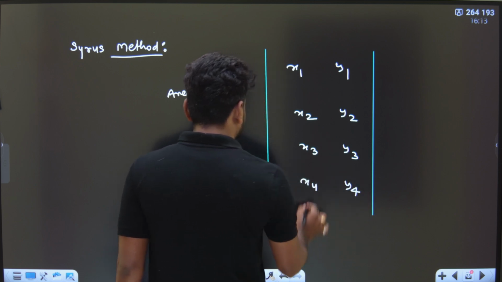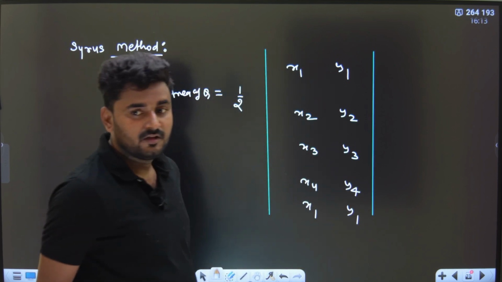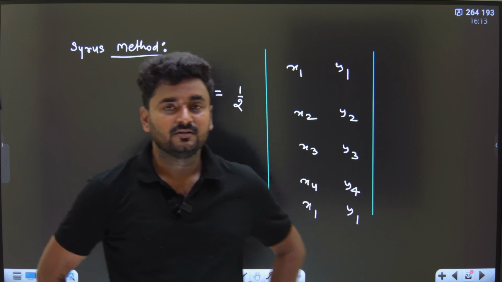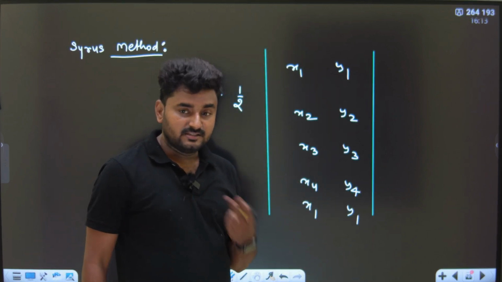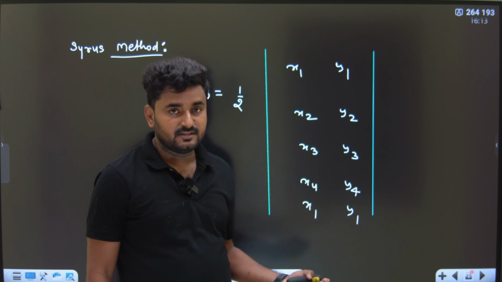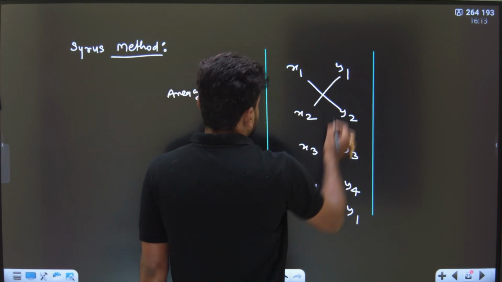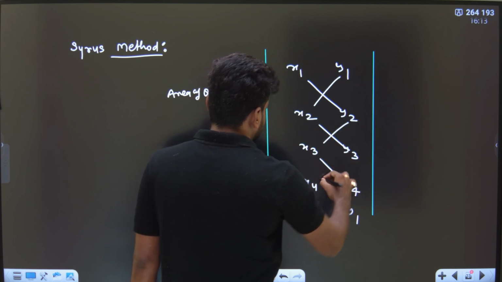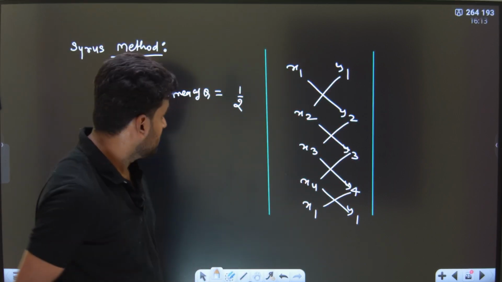Then you have to write x1 y1 again. Understand? For a quadrilateral you have to write 4 vertices, then repeat the first vertex again. Like that also, for the area of a pentagon or hexagon, you will do like that. So I will find these products, and now we can get the area of quadrilateral. How? Let us see.